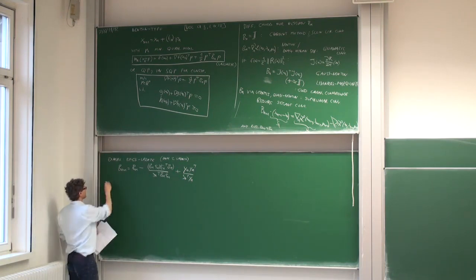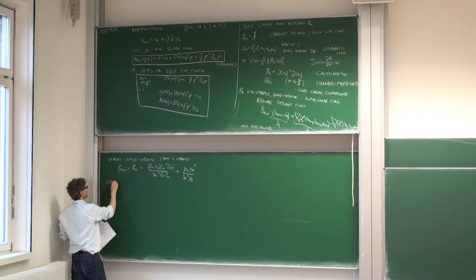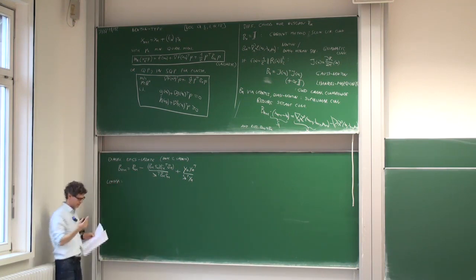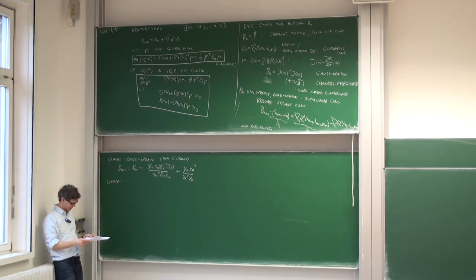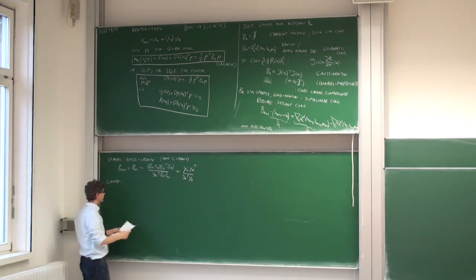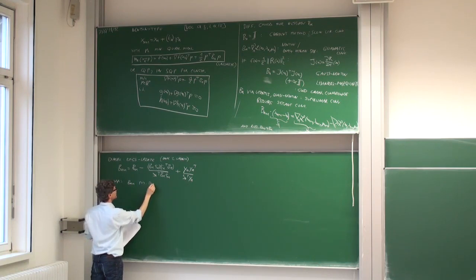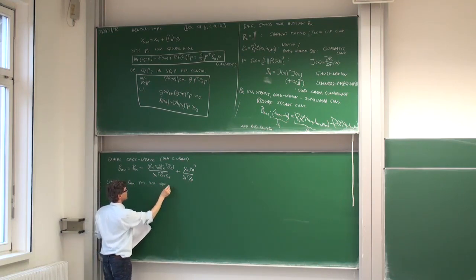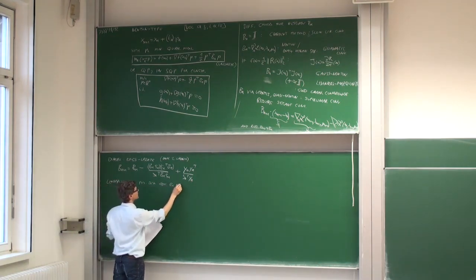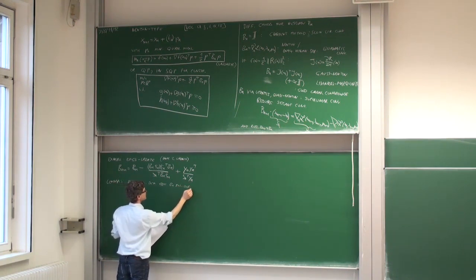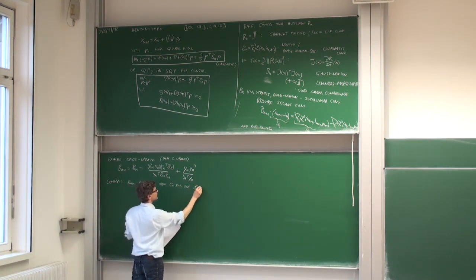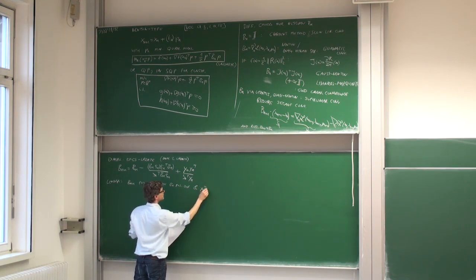There was a little lemma that is also useful, because it's a property that contributes to the success of the BFGS method: bk plus 1 remains positive definite if bk is positive definite, and if yk transpose sk is bigger than 0.